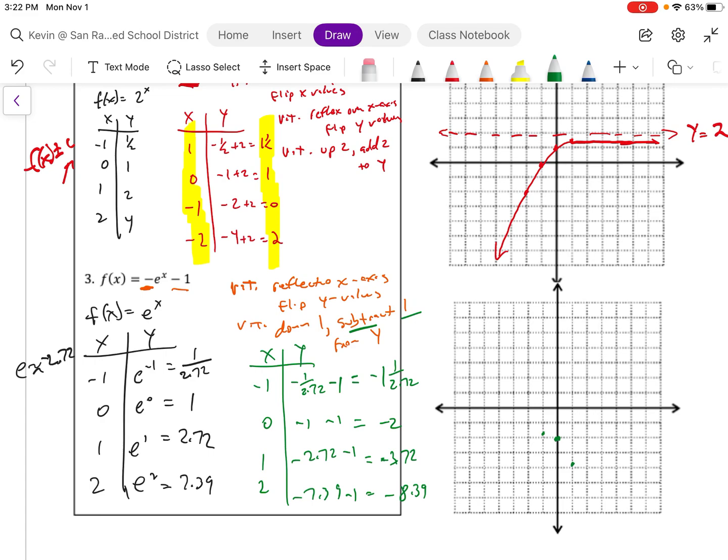And when x is 2, it's down here. Since we moved everything down, our asymptote is y equals negative 1. So our graph looks a little something like this. I didn't do a very good job of hitting all those dots, but I'm in a little bit of a hurry, so I can stop this.